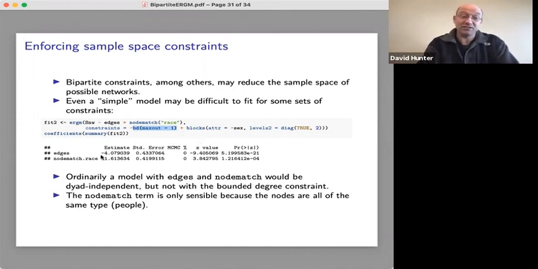And even a simplistic ERGM in normal settings, like an ERGM that contains only the edges and a nodematch race term, can be complicated in the context of these particular constraints. So this fit that you're looking at, these coefficient estimates, were obtained not using logistic regression, but using a simulation-based approach that's a lot more complicated than that. And it's because these constraints are in place.